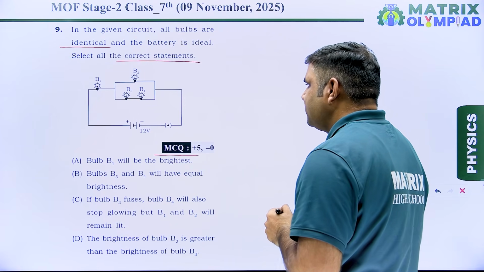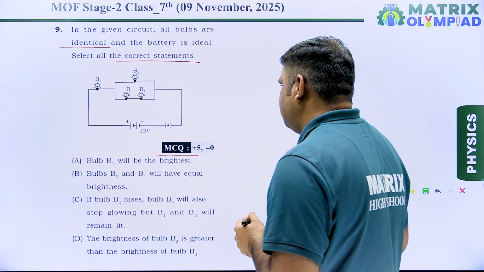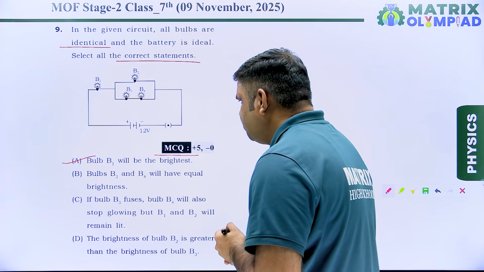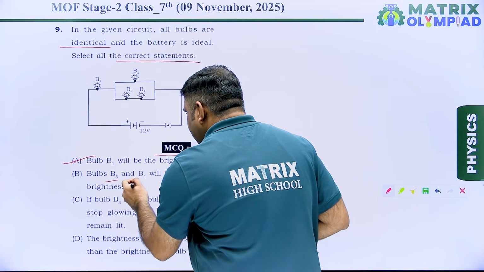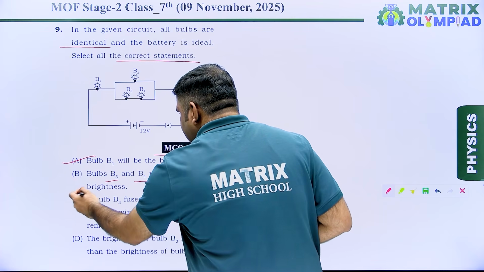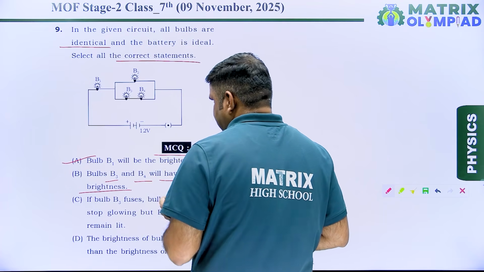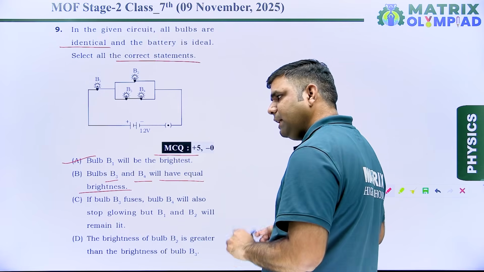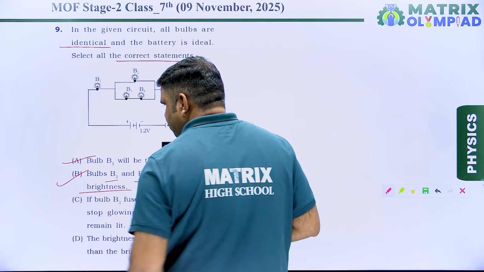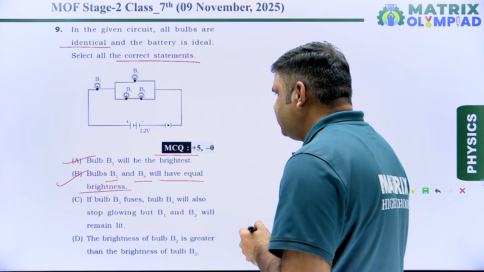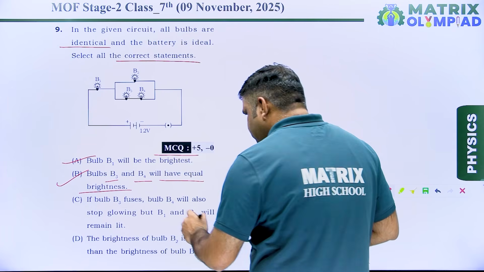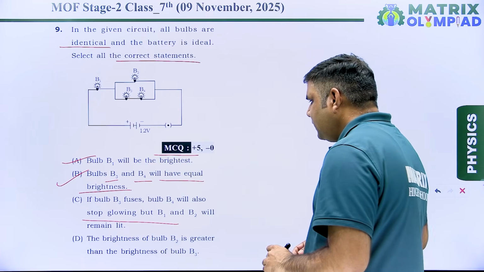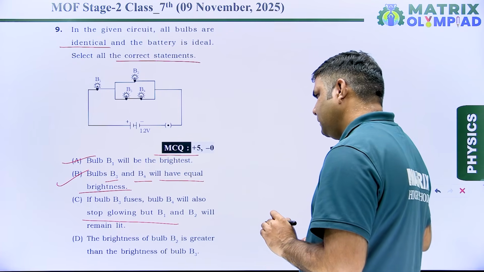Option number A is bulb B will be the brightest. Yes. Option B is bulb B3 and B4 will have equal brightness. Yes, because they have equal resistance, so they will get the same power, so they have equal brightness. So B will be correct. If bulb B3 fuses, bulb B4 will also stop glowing, but B1 and B2 will remain lit.